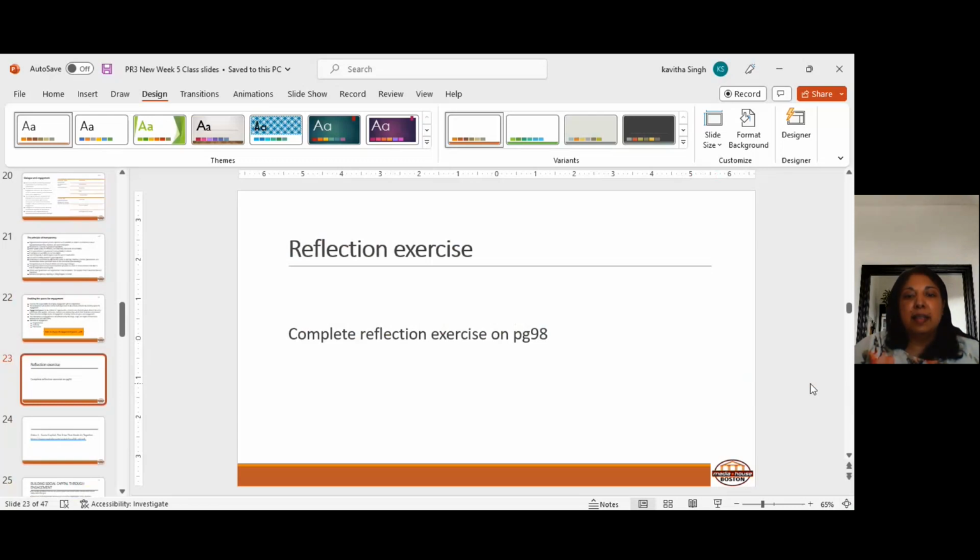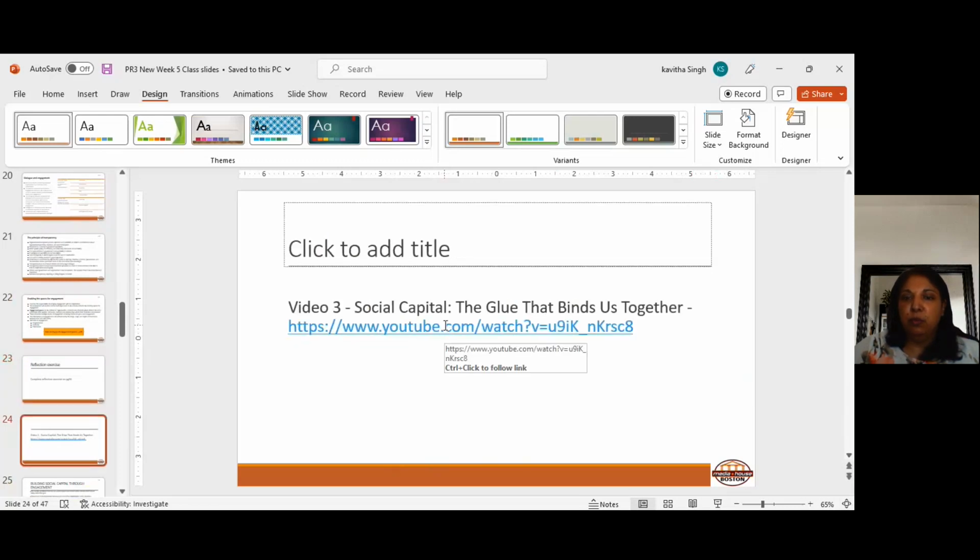The others, you might get to do them on Thursday, but as we go along, I will make mention. So the two exercises that I mentioned, the previous one in the previous video and this one on page 98, please do them in a presentation format, and you can then include this information. It's not a very long exercise. However, it is going to take you some time to actually do.